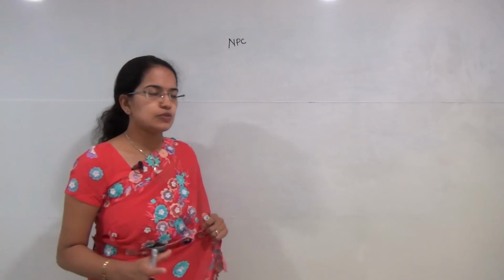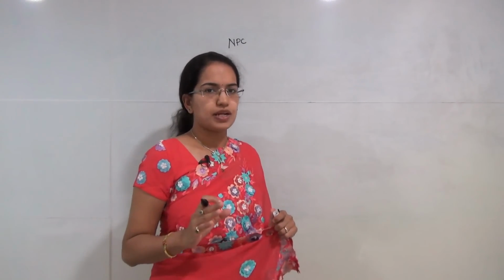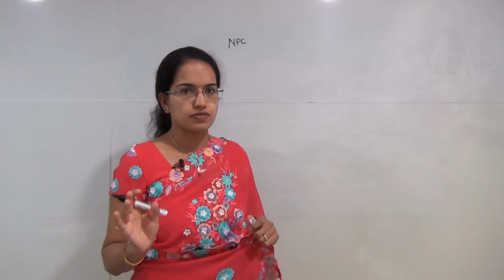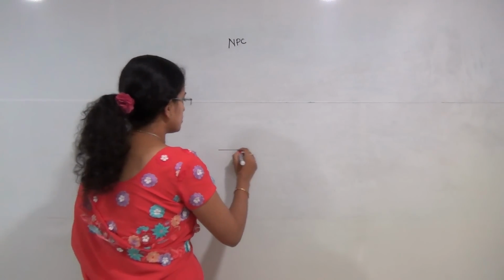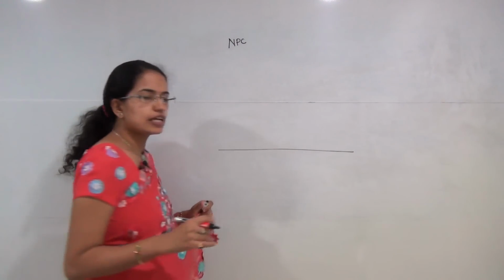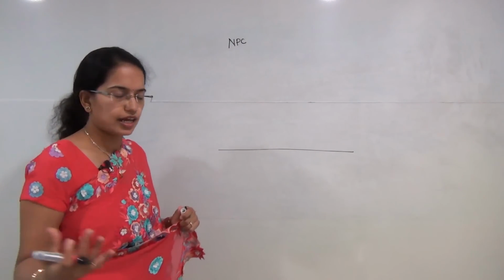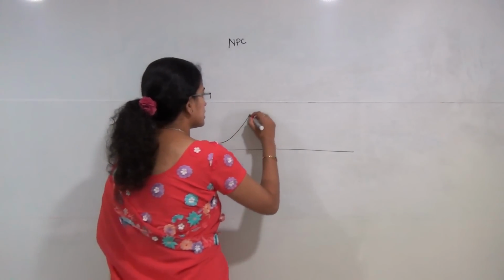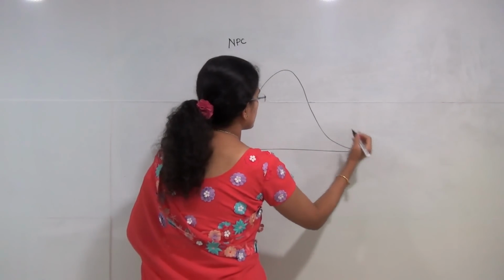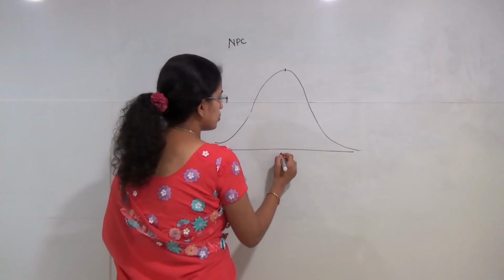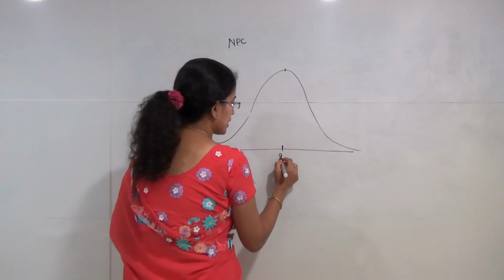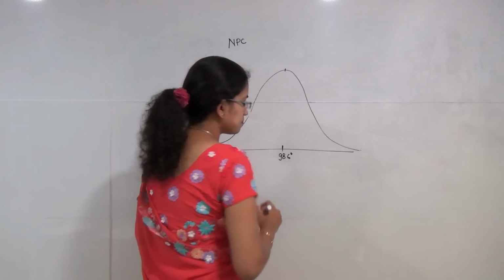So what does he do? Before the child had a temperature, he took a few samples of the child and plotted those samples. Let's say he took the samples 100 times, out of which 90 times he got values close to the normal value, that is 98.6 degrees.